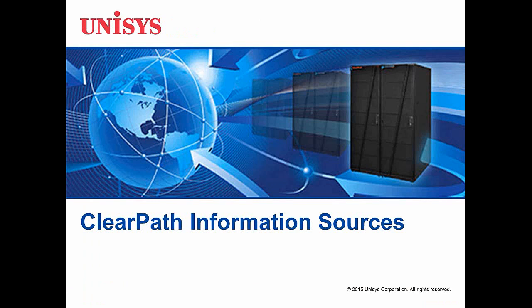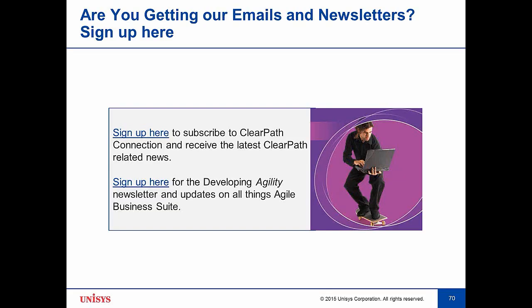So first of all, we have changed the way you can subscribe to emails and newsletters. For ClearPath users, we have this one place where you go, you sign up for newsletters and latest news. We have combined all the older systems, so if you subscribed to ClearPath Connection, you should be in the system.